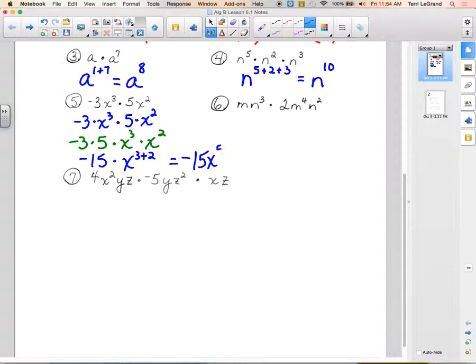So we can leave our times out. It's going to be -15. We probably better box or circle that because we have a lot going on there. -15 x to the 5th power. Okay, this is where we're getting into tricky stuff. I have to make sure that you understand how to do this before we move on. Anybody have questions about that?